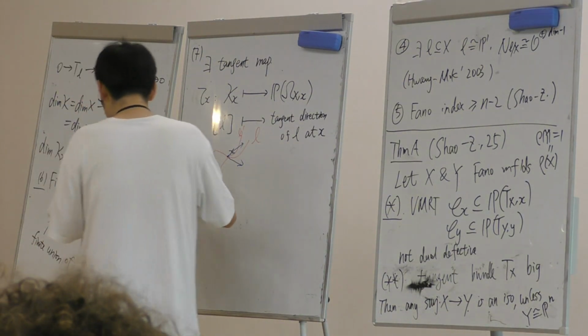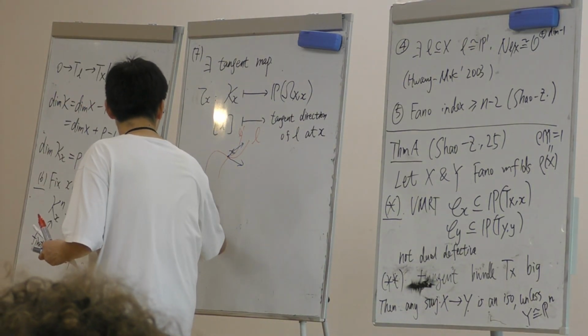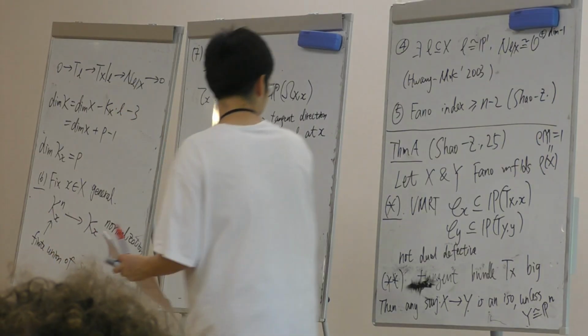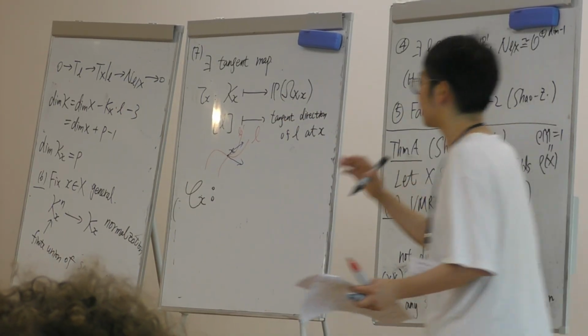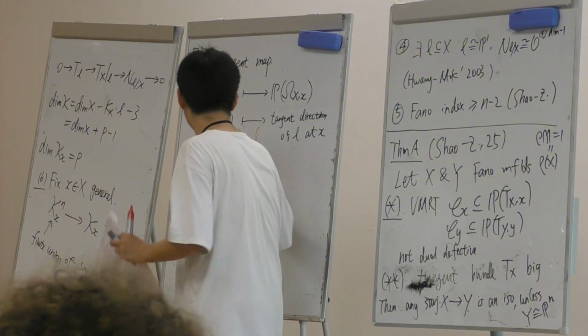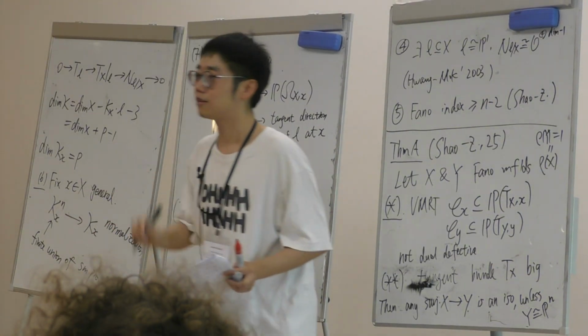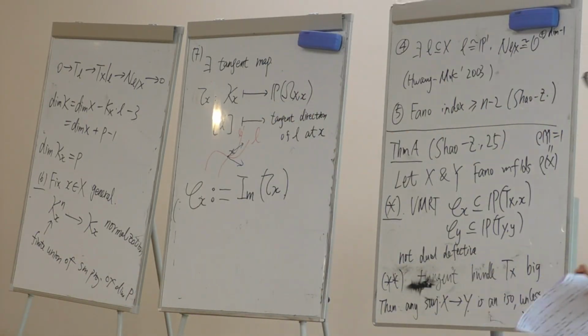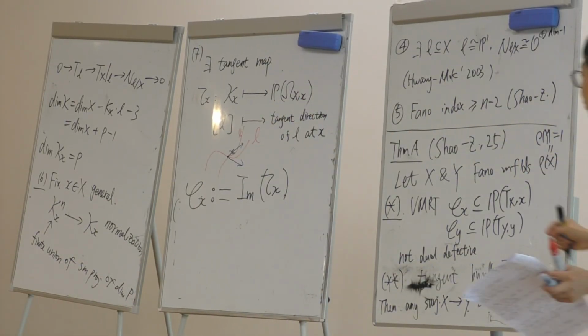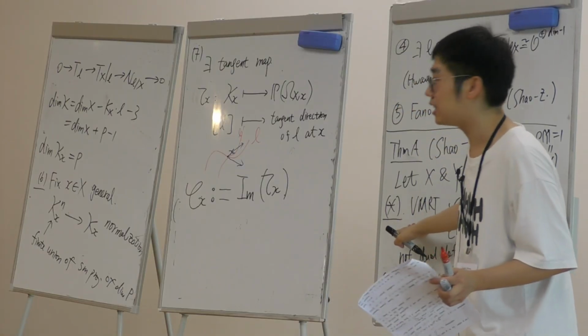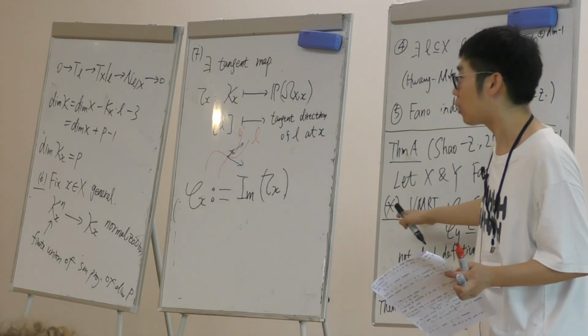Then now this Cx. This is the VMRT. This Cx is defined to be the image of tau x. So this is our VMRT, the variety of minimal rational tangents.